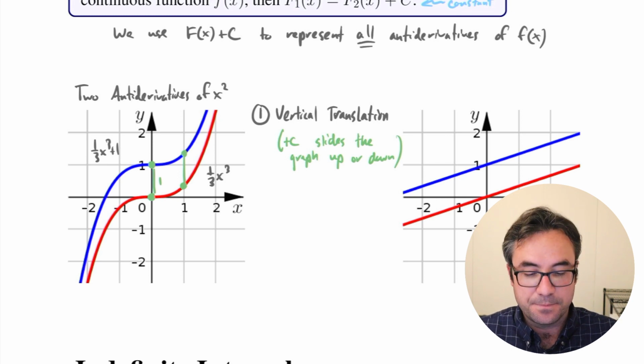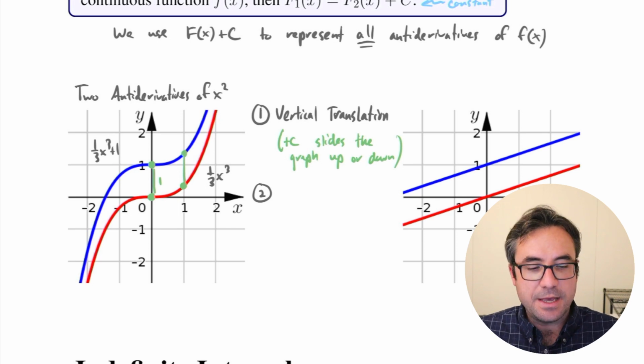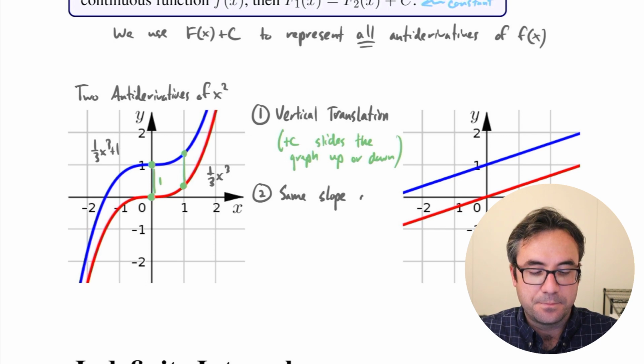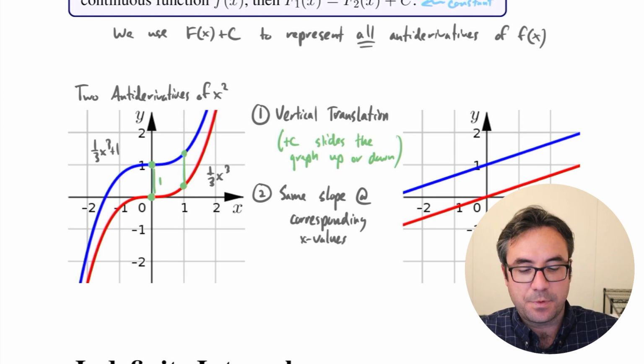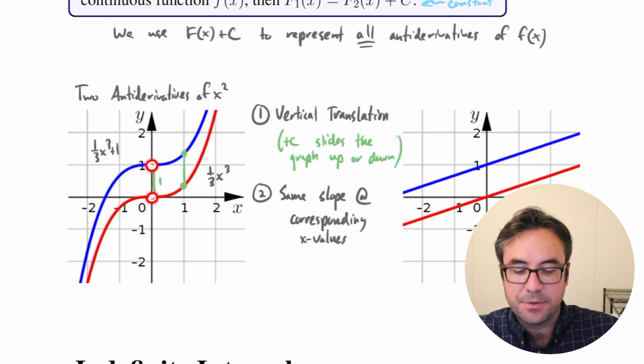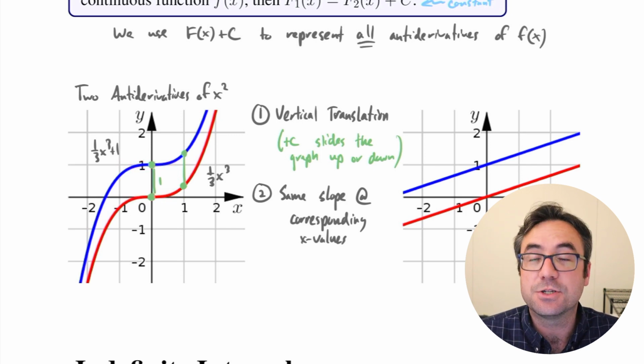All right, so two antiderivatives are just vertical translations of each other. The other thing that the antiderivatives share is that they each have the same slope at corresponding x values. So if I pick the corresponding point on each antiderivative and look at the slope at each of those points, the tangent lines are going to be parallel.